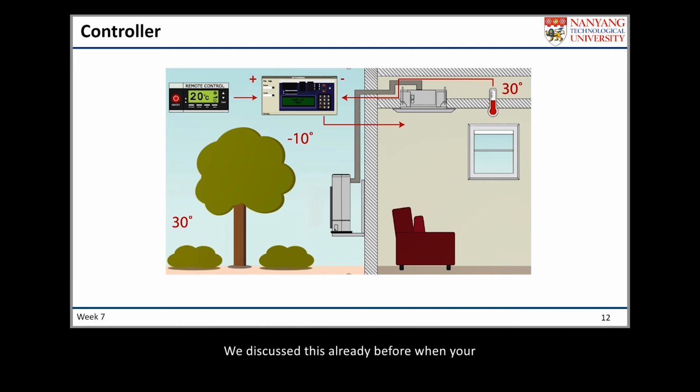We discussed this already before. When your room temperature is higher than the setting temperature, the difference is negative, and the controller will ask the heat pump to start. Otherwise, when the difference is positive, the controller will shut down the heat pump. So it's just two actions of the controller. That's why we call it an on-off controller.